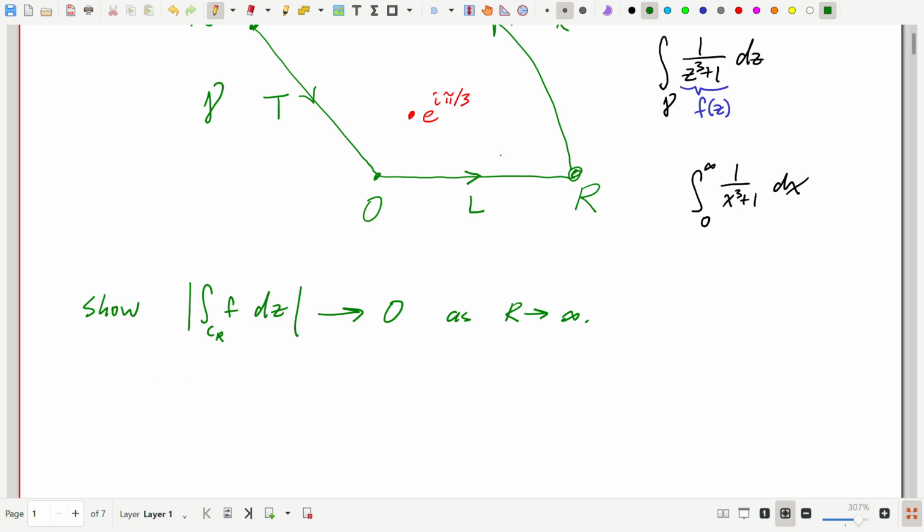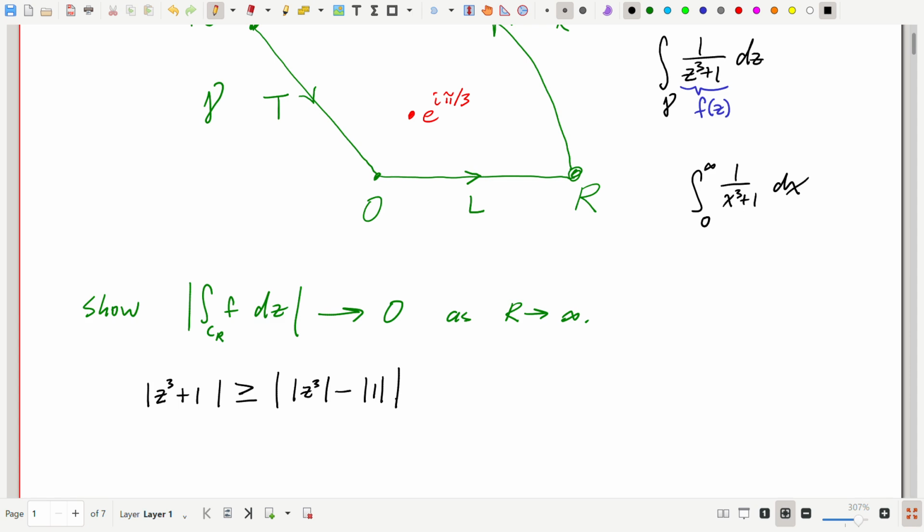So let's see, the key here is that this is in the denominator, so I need the denominator estimate. I want it to be greater than or equal to something. And of course that's greater than or equal to the modulus of z cubed minus the modulus of 1, absolute value of that.